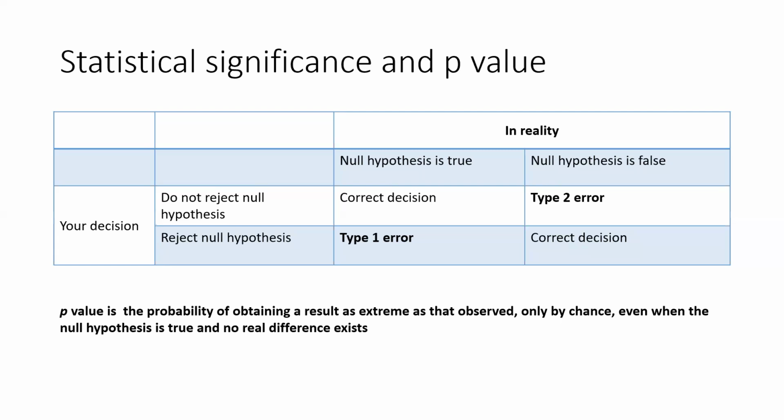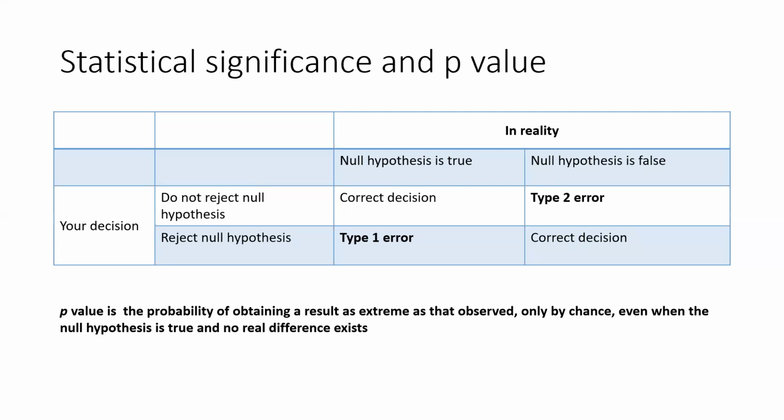Basically, we don't always talk about type 2 error, because that means there's an association and we say there's no association. In the interpretation we don't directly use that. But the thing we are concerned about is type 1 error.